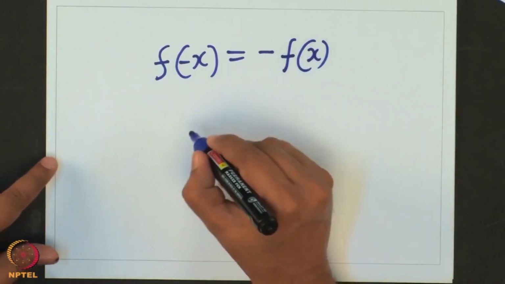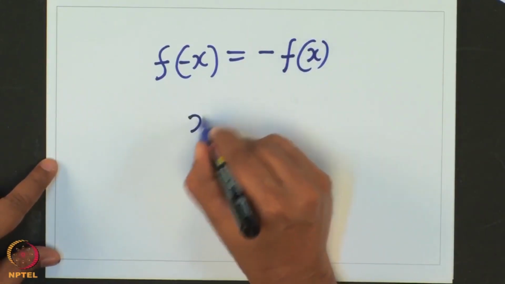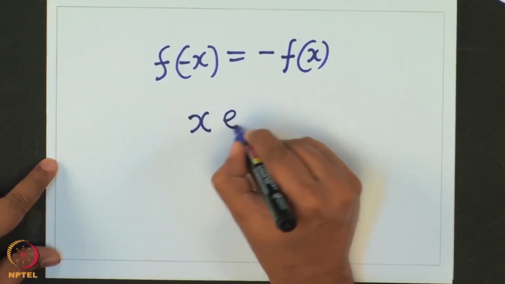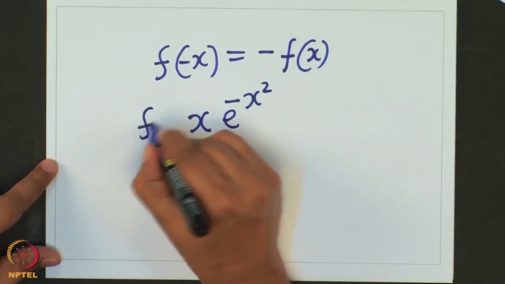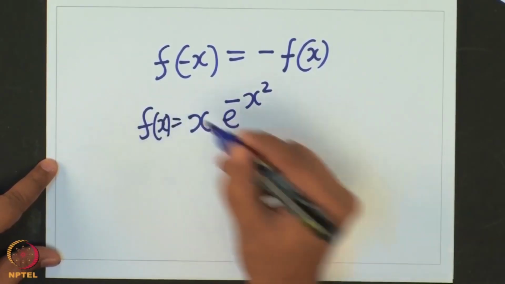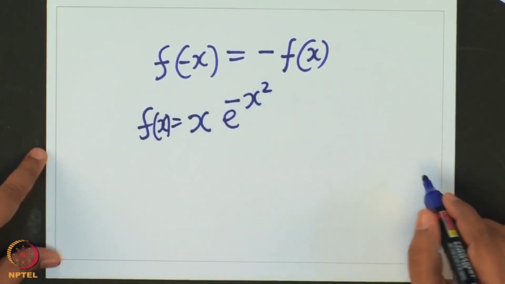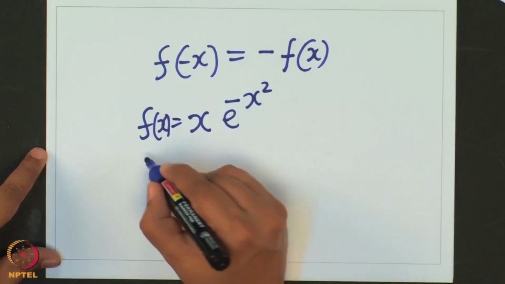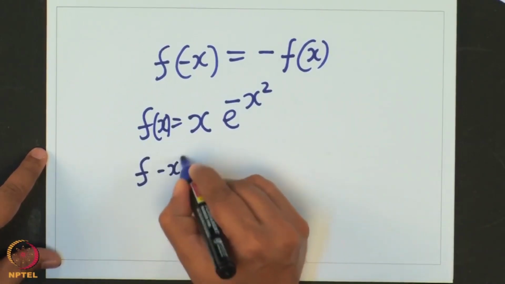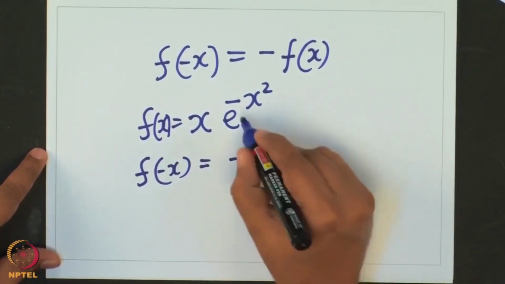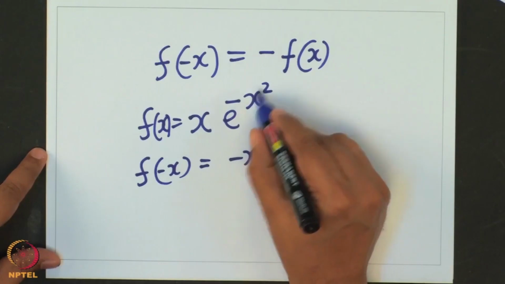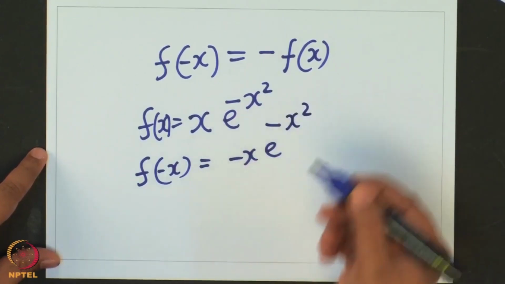What is an example? Let us take an example which is x e power minus x square. This is our function, this is our f of x. What is f of minus x? Where I put minus x, e power minus x square is the same since x square itself does not change.